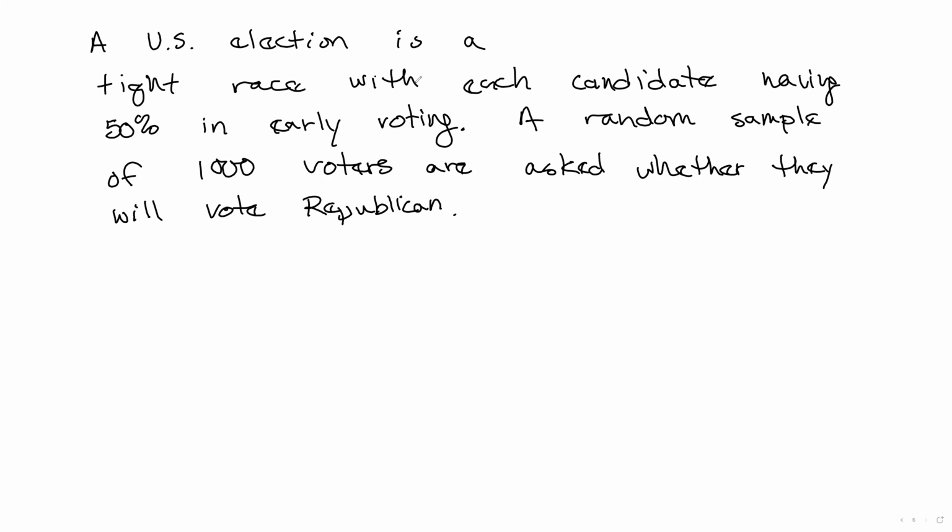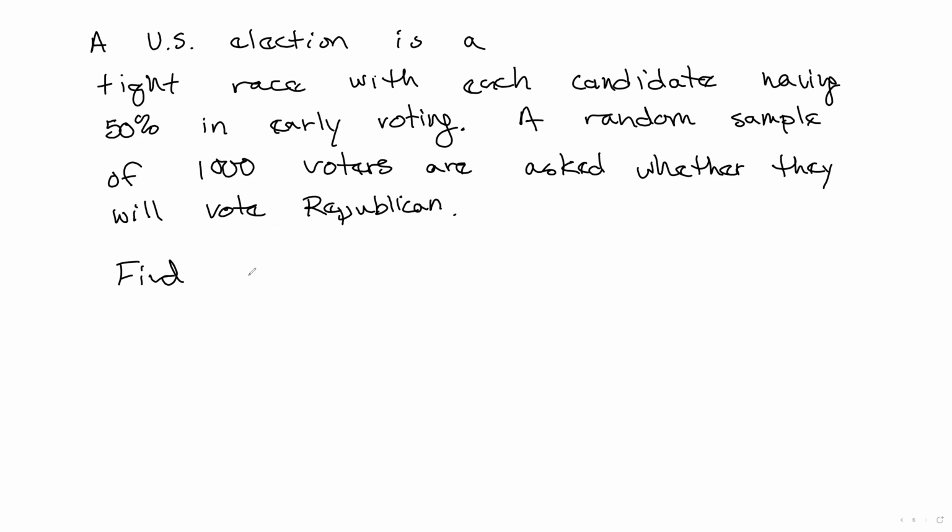Okay, so what are we going to do with this? Find the normal distribution for the expected outcomes of the survey. All right, so we're doing a survey of 1,000 voters. What's the normal distribution for the expected outcomes? And then what is the probability the outcome of a survey will be within 2 standard deviations of the mean?